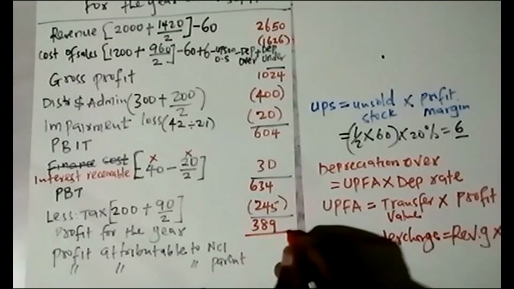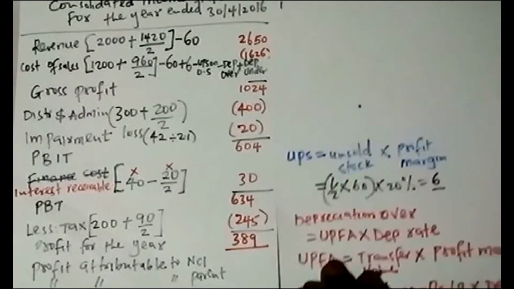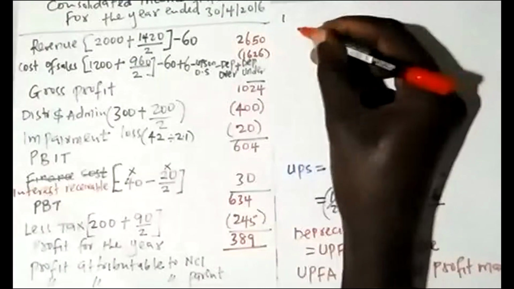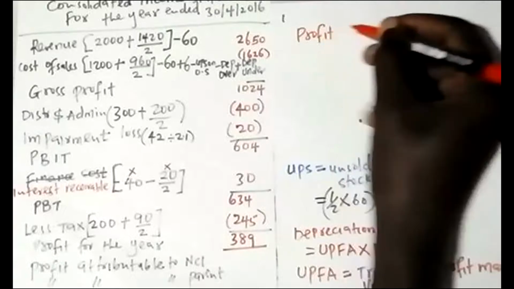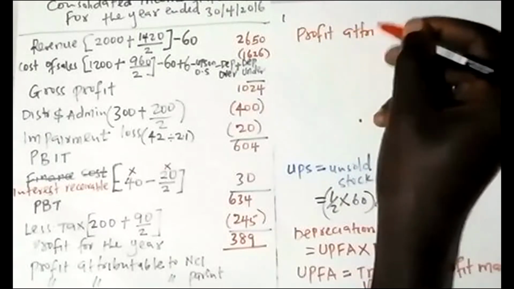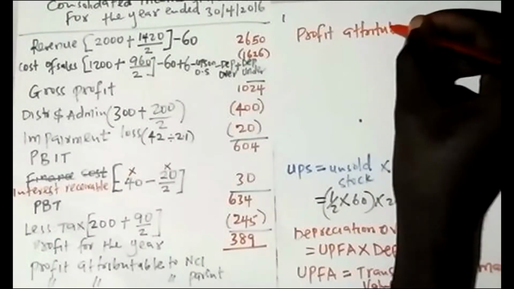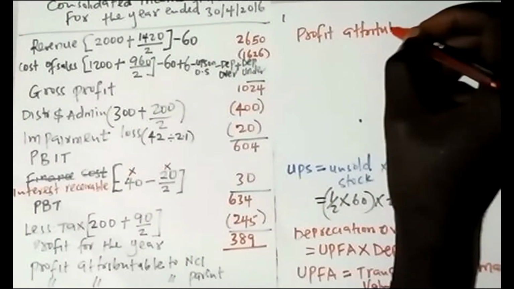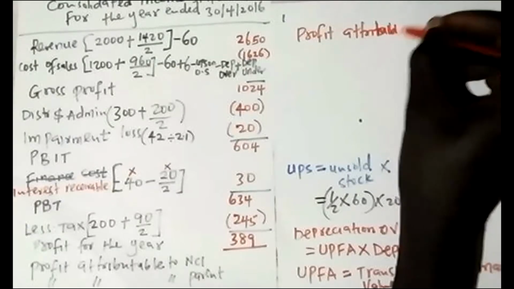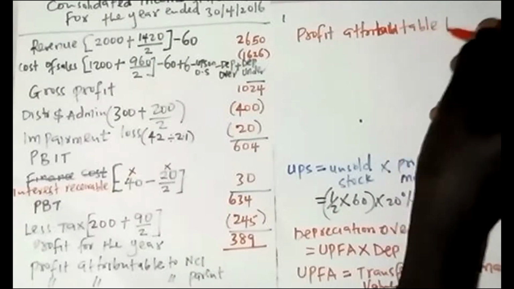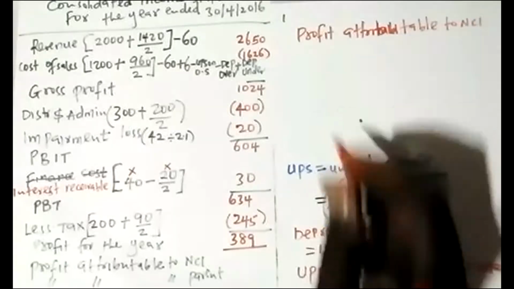So we can talk about now profit attributable to the NCI, non-controlling interest. That one needs a working.